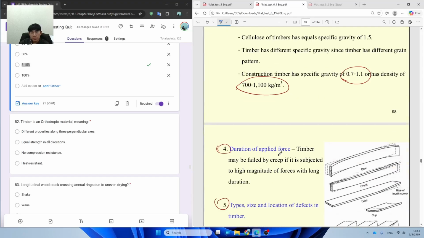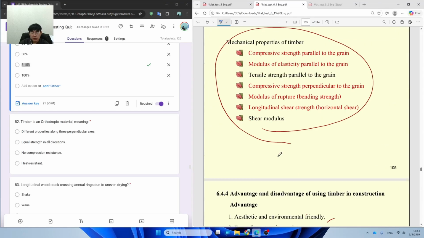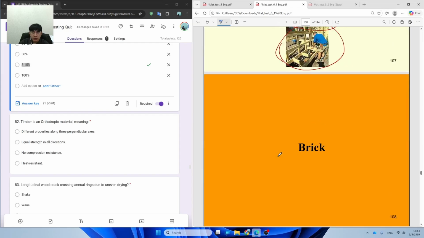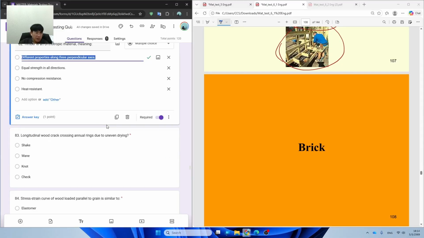Okay, I'm going to skip this, and then we're going to answer the questions. Question 82: timber is an anisotropic material, which means it provides different properties in three different axes.